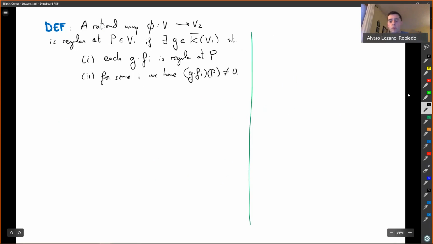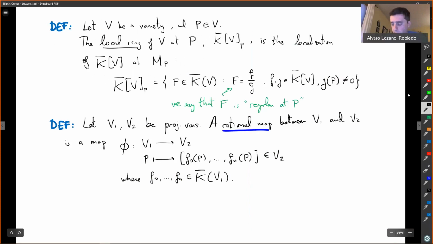So there are two problems that could happen, that a function might not be defined at P. For example, it could be that everything vanishes at P, and then that is not a point that is projective, or it could be that one of these has a pole at P, and those two things would make it not be well defined.